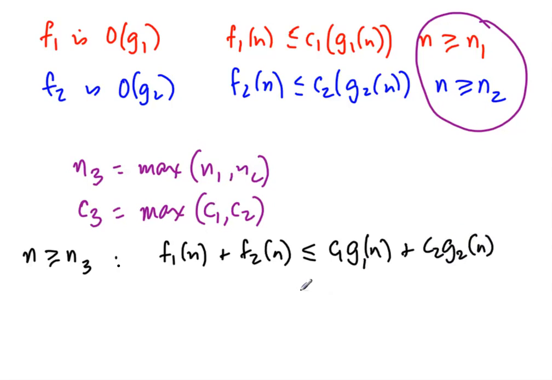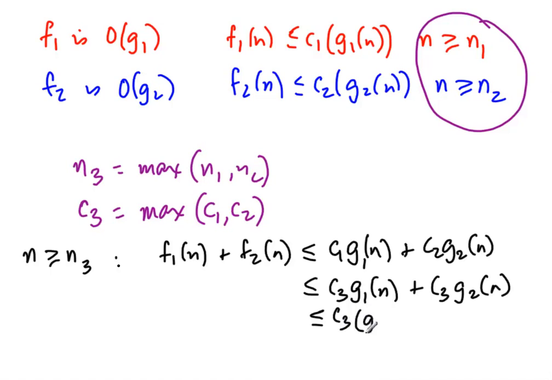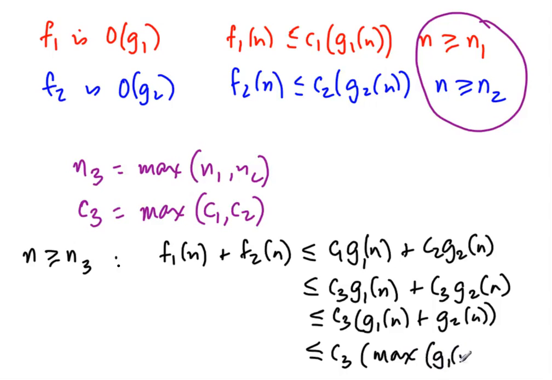Since c1 and c2 are both smaller than or equal to c3, I can replace these both by c3. Then I can combine, and this is c3 times g1 of n plus g2 of n. Now I can take the max, so this is less than or equal to c3 times max of g1 of n, g2 of n, times 2.